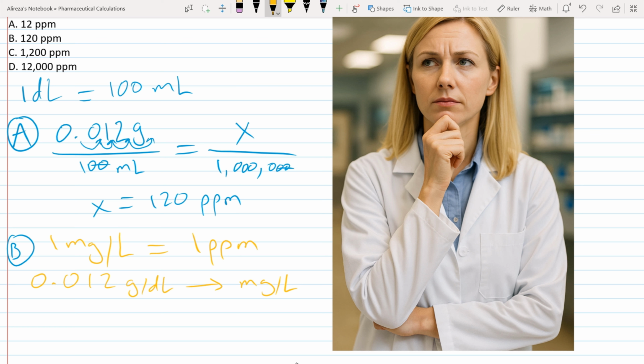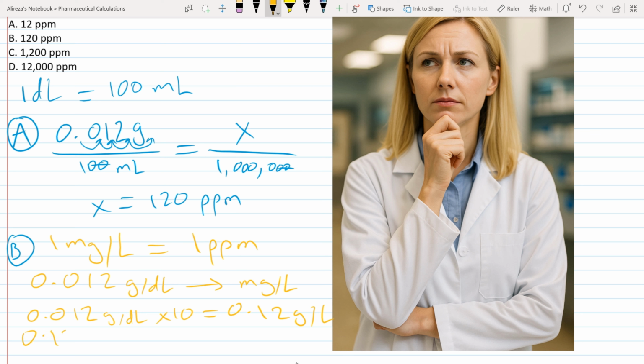So what we do is you say 0.012, multiply it by 10, because this is grams per deciliter. You multiply it by 10, and that gives you gram per liter. So you get 0.12 gram per liter. And then the next thing is you want to convert the gram to milligram.